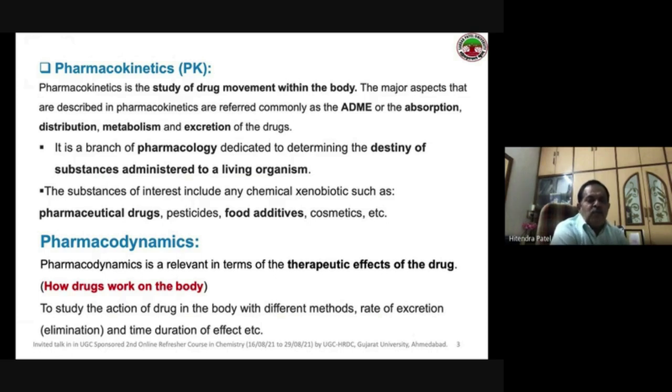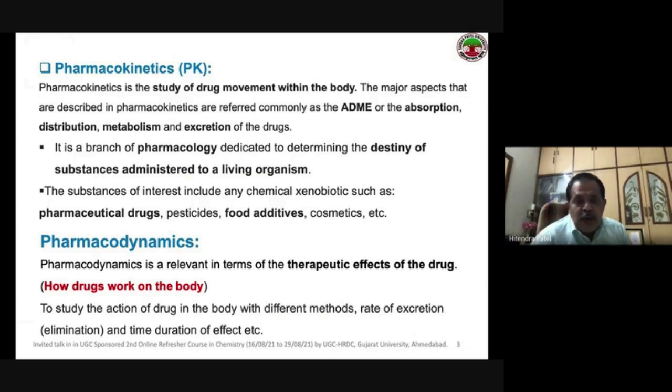So these are the 4 important words, and we will discuss each of these parameters one by one. These 4 important terms, drug absorption, drug distribution, drug metabolism, and drug excretion, I will discuss with you.